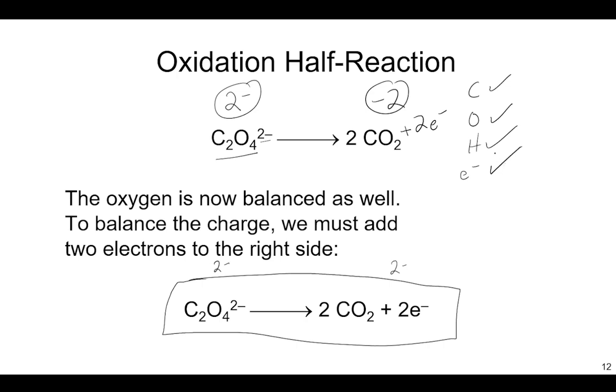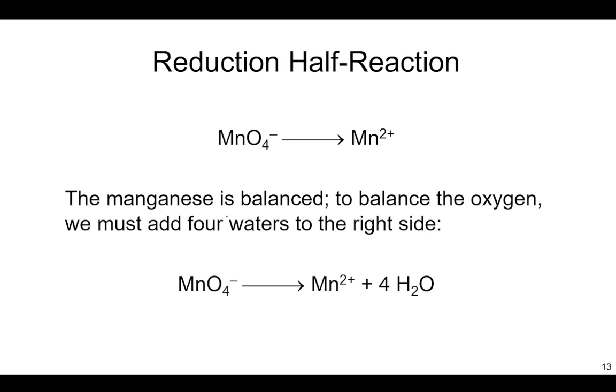And at this point, I have to go through and balance the other half reaction. So let's look at that one here. Let's start by balancing manganese, and then I'll balance oxygen, and then hydrogens, and then electrons. Manganese, 1 on the left, 1 on the right. Great, balance. Oxygens, 4 on the left, none on the right. So I need to add oxygens, but remember, I'm not adding them as just an oxygen atom or diatomics.